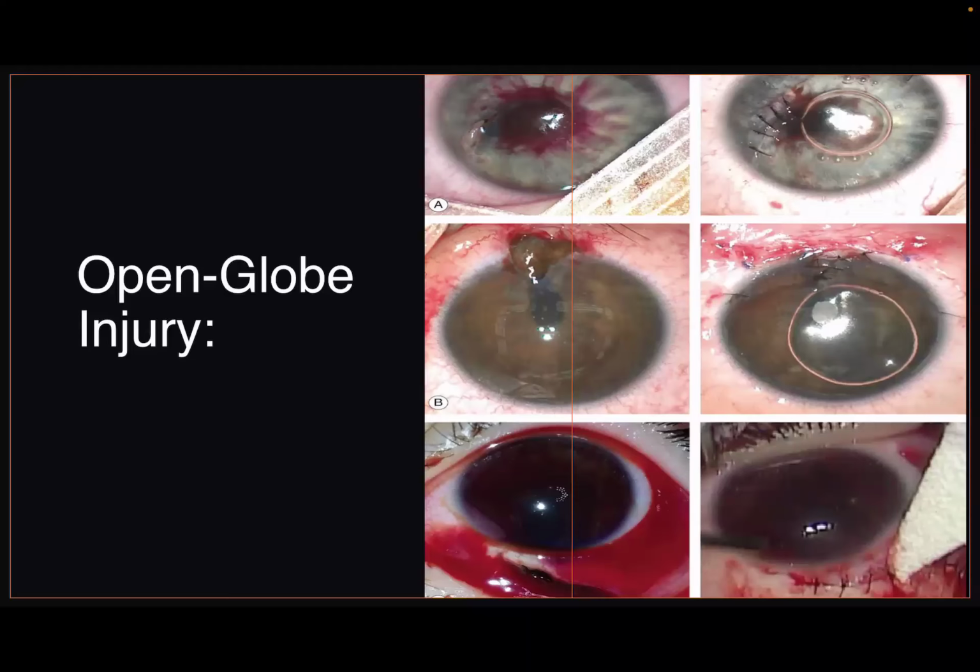As in figure B, the second picture on the right side, you can see that the surgeon has used a perilimbal incision. He went into the anterior chamber through this incision at 10 o'clock.